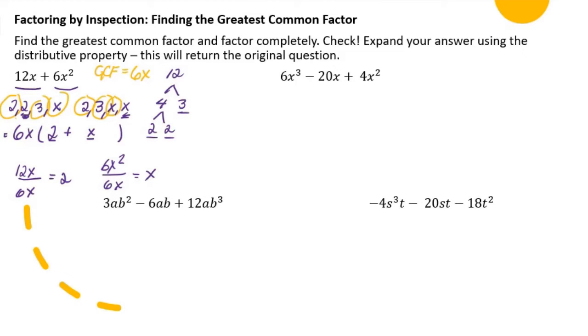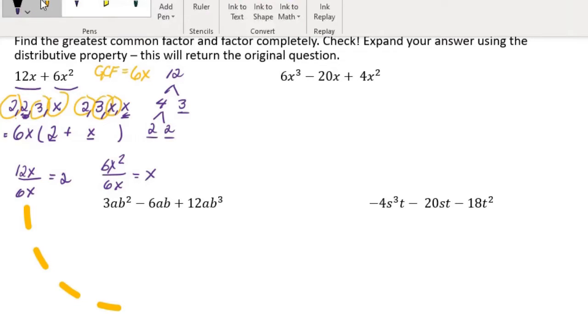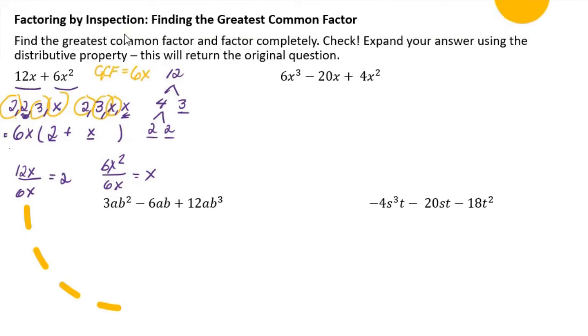All right, what do I mean that it's really easy to check? This is our final answer. But how do I know that it is correct? Well, I'm going to use the distributive property and get right back to the previous. What is 6x times 2? Well, that's just 12x. And what is 6x times x? Well, that's just 6x squared. So these are, in fact, equal.